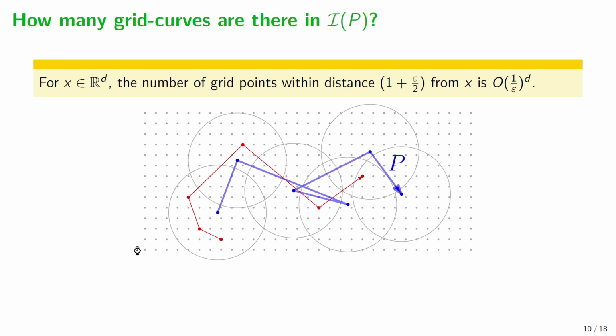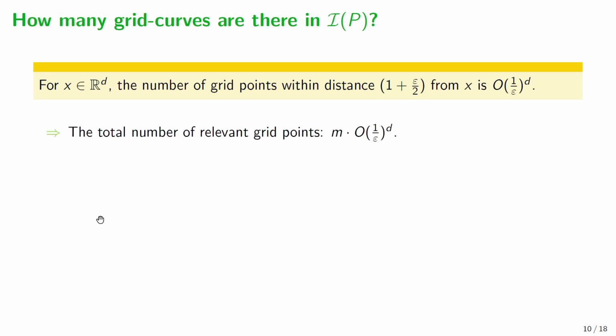Others can have only one point in the first two balls. The total number of relevant grid points is m times the size of one ball.